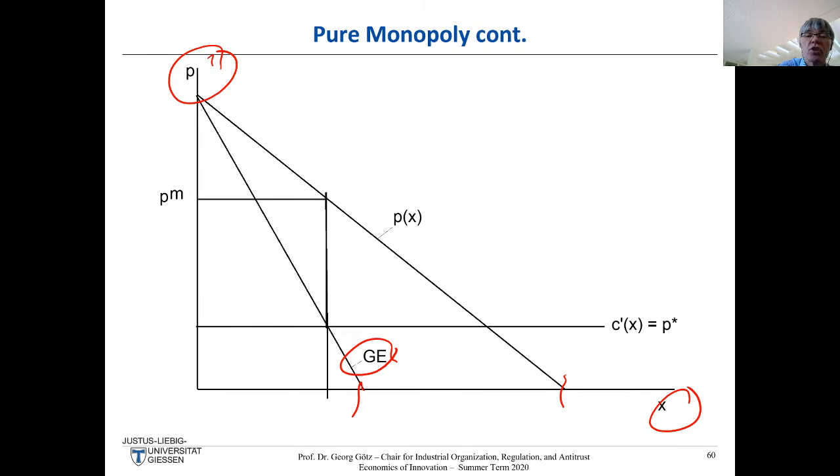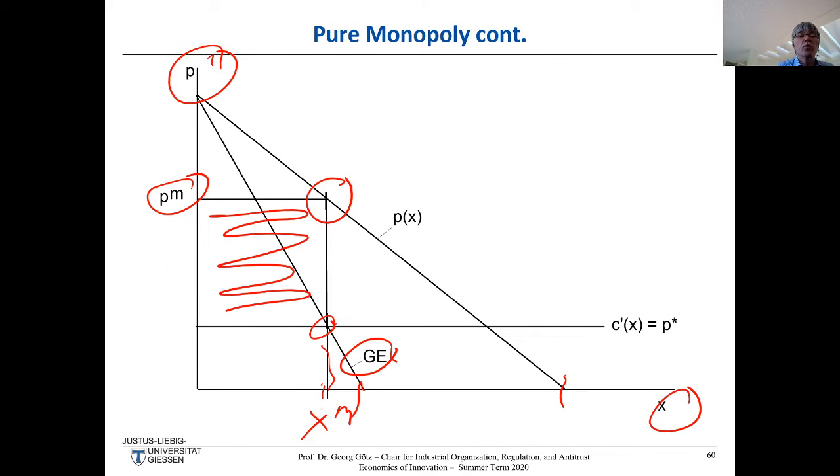At the intersection of marginal revenue and marginal cost, you go down to the X-axis and you get the optimal quantity, the monopoly quantity. Moving up to the demand curve and across to the price axis, you get the monopoly price.